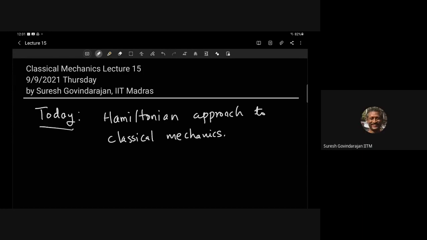Okay, so good morning, and today we study an alternative approach to classical mechanics, and that's called the Hamiltonian approach.